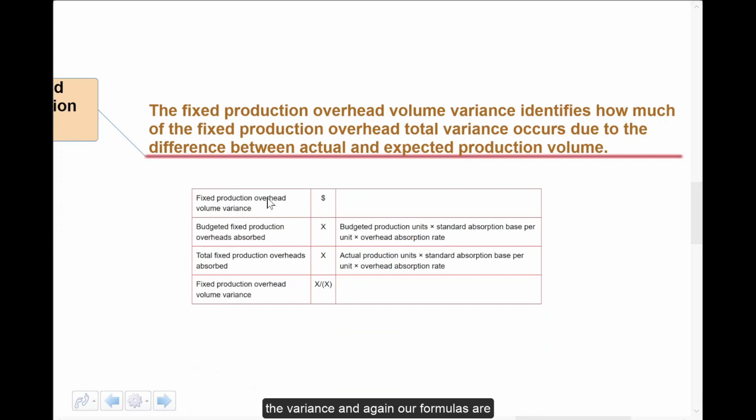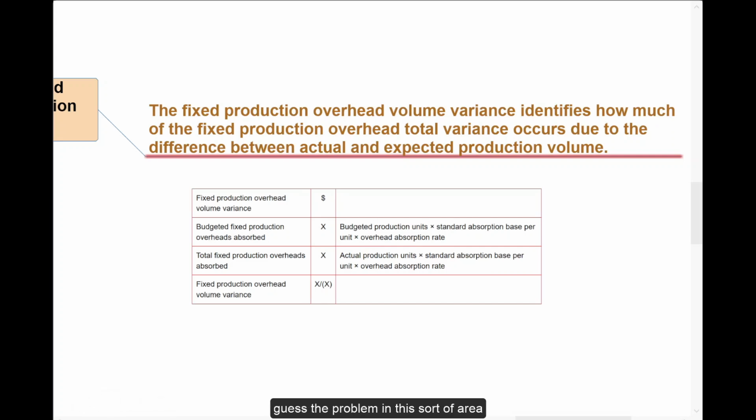And again, our formulas are here. The constituent elements, in other words the key parts, aren't overly complex to understand. So, for example, if I said budgeted production units, that should be fairly straightforward to figure out from the question scenario. If I said overhead absorption rate, again, fairly easy to pick out from the scenario.